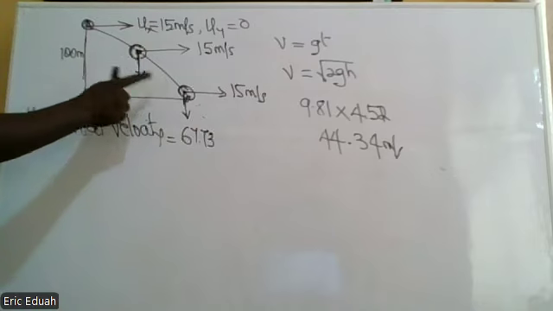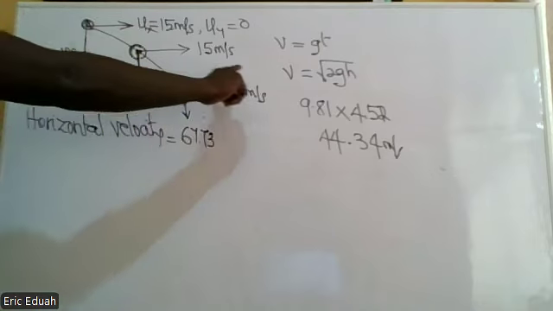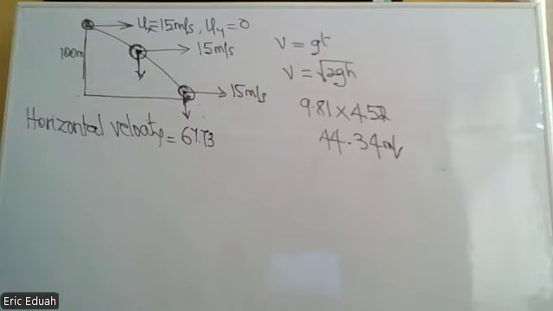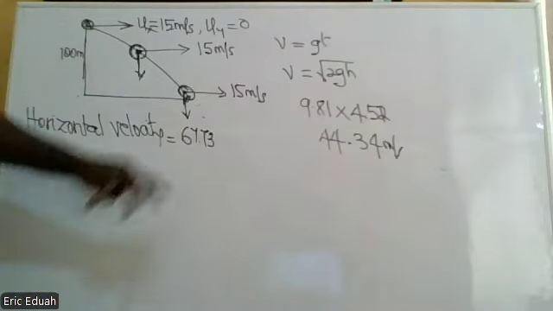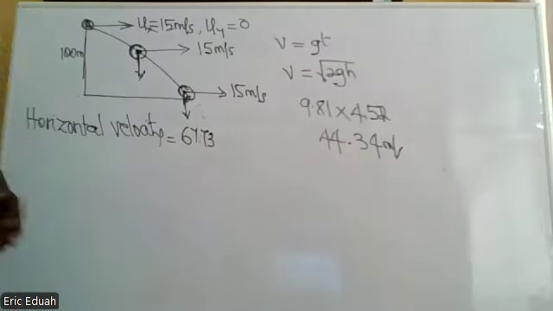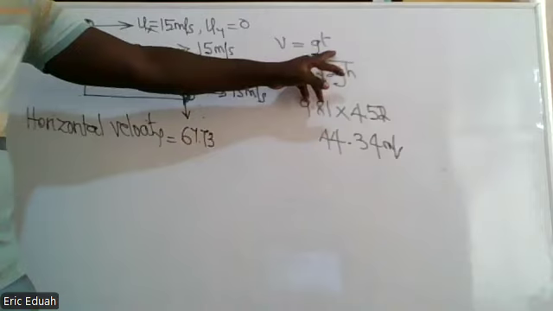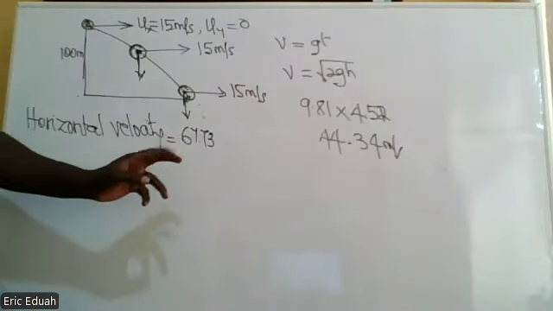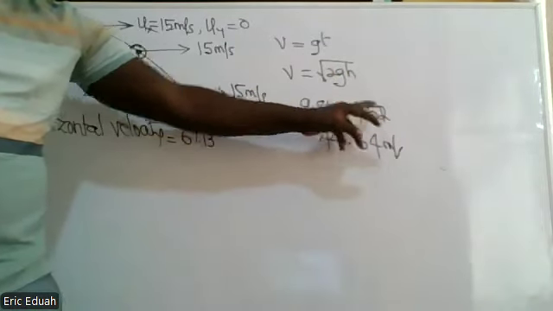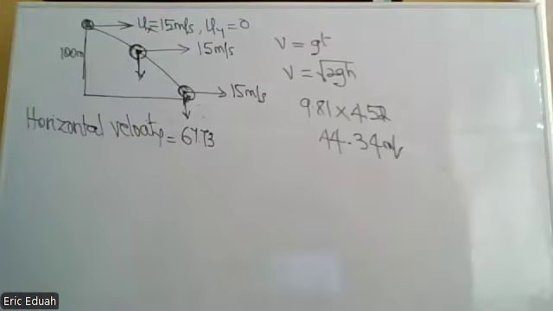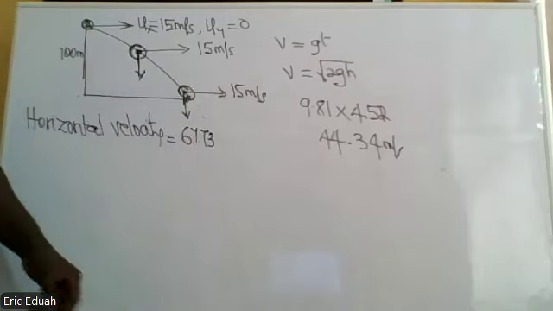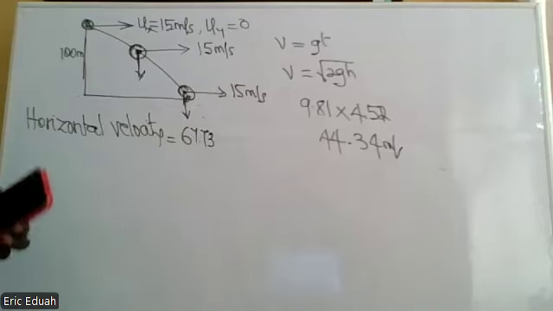At every time, the horizontal velocity is constant because of the reasons I gave you. And the vertical velocity at every time will be gt. So this will be gravity times the time of flight, and the time of flight we have is 4.52. That will be the value of the vertical velocity when it just hits the ground.